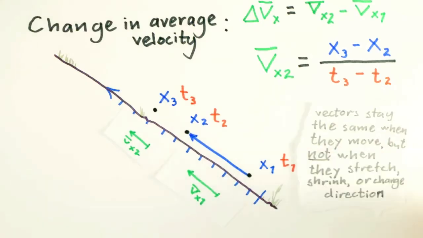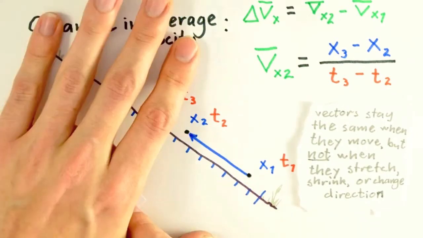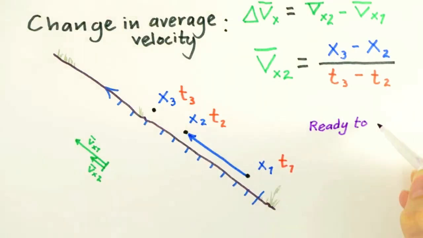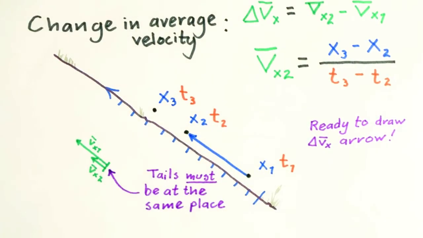The change in average velocity is a vector, so let's represent it with an arrow. If we already have the arrows representing the velocities Vx1 and Vx2, then we can draw the arrow representing delta Vx. First, we start by putting the arrow tails for Vx1 and Vx2 at the same place, and then use the rule: start drawing the arrow at the start and finish drawing the arrow at the finish.